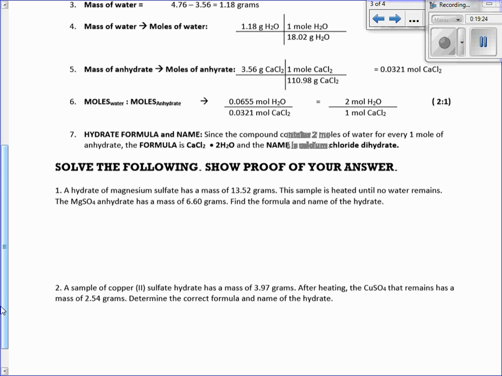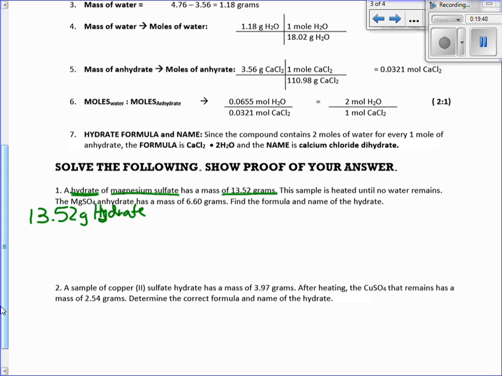But here in problem 1, it says a hydrate of magnesium sulfate has a mass of 13.52 grams. So this says hydrate here, so that means that's the entire thing. So I have 13.52 grams of the hydrate, which is the total mass.